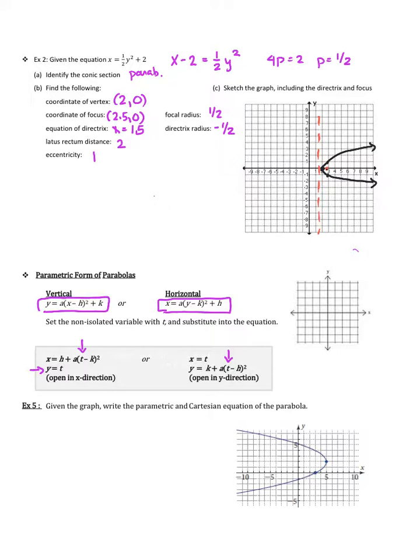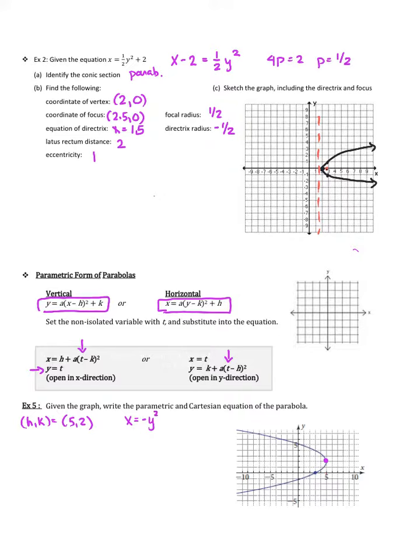Okay, so I look at this graph and I want to come up with the equation. So I see that my vertex is at 5, 2. So that's going to give me my h, k. And I see that my orientation is sideways, which tells me it's going to be x equals minus y squared, or sort of that form.